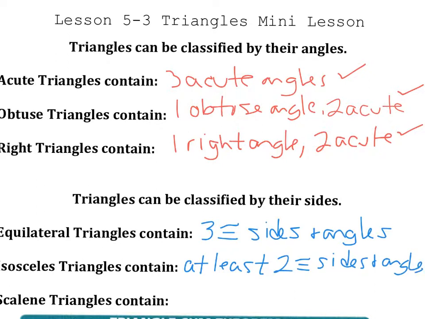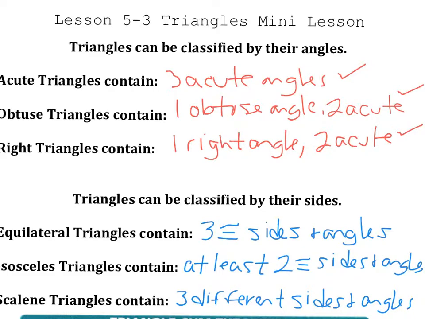And scalene triangles contain 3 different measures for their sides and angles. So that background knowledge will come into play and help us down the road.